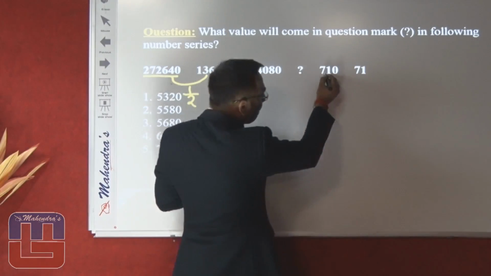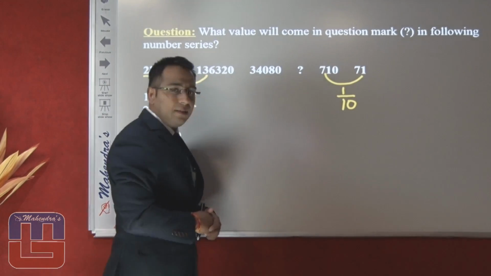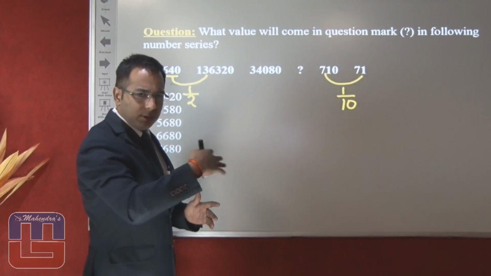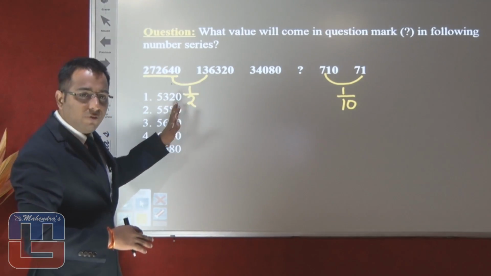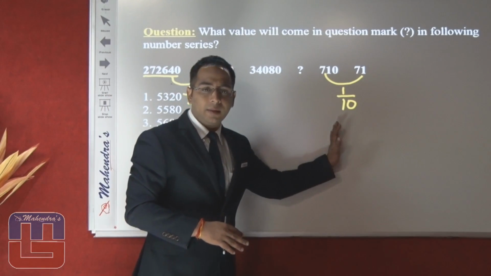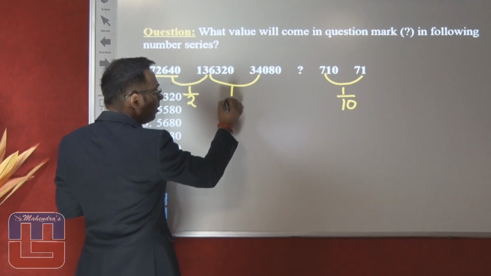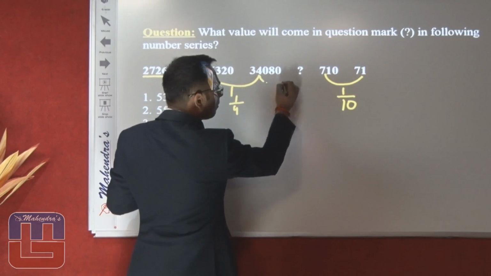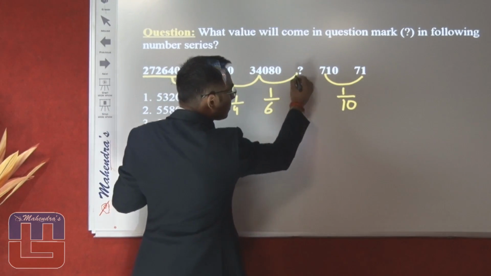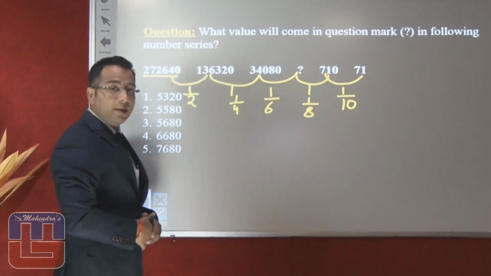Here we can see it is 1 by 10. Sometimes we can use the series from anywhere. So see, the division goes from 1 by 2 to 1 by 10. The basic concept we have here is multiples of 2: 1 by 2, 1 by 4, 1 by 6, 1 by 8, 1 by 10. So we get the series.